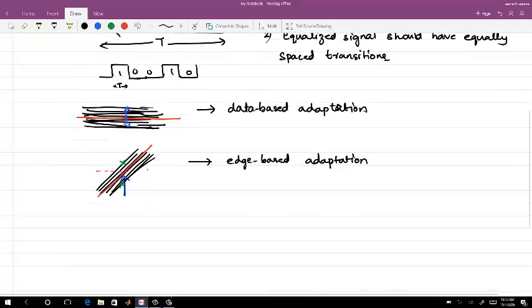So we will start with the data based adaptation. The thing which I have left here is that whatever I have done in equalizing the coefficients, I did not even mention what the final BER, bit error rate, is. I told that if you can equalize the channel, and it is only an ISI dominated system, then if you are always sampling at the center of the eye, it's like you have a 0 bit error.